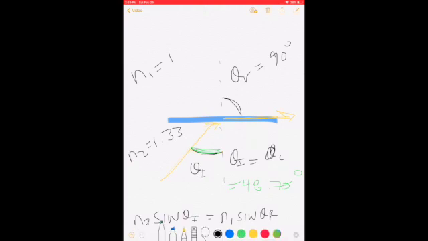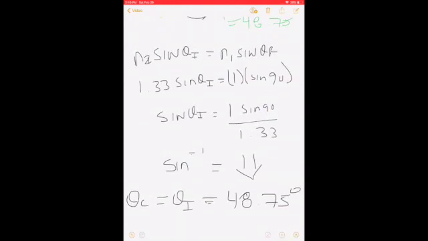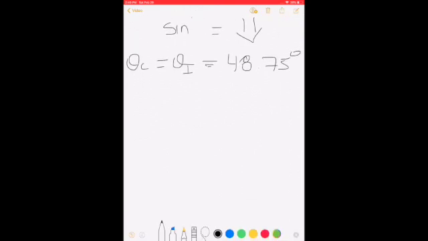Okay. So what happens if we increase our angle here and make this greater? So instead of it being equal to, what happens if we make this greater? Well, let's calculate it. We know that our angle of incidence is 48.75 degrees. What happens if we make our angle of incidence 50? Okay, so we'll take N2 sine theta incidence equal to N1 sine theta refraction.